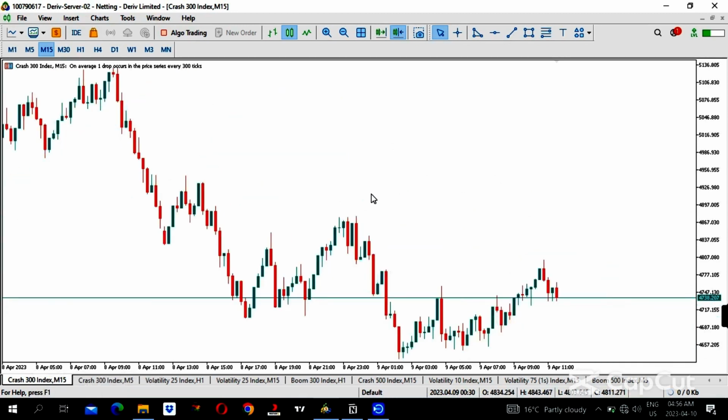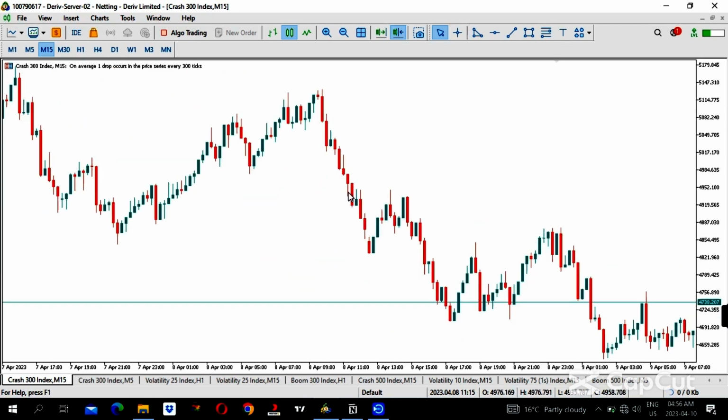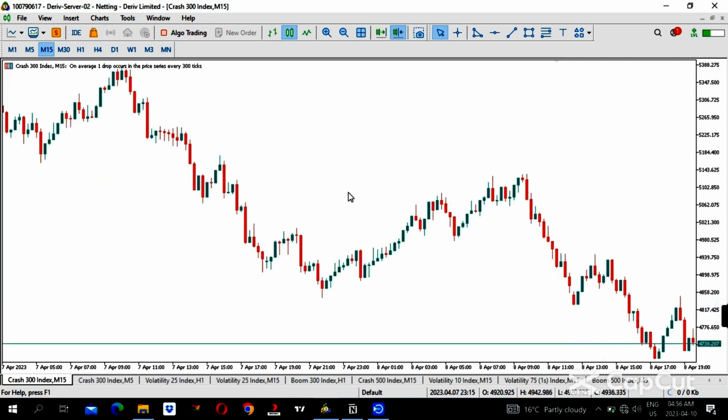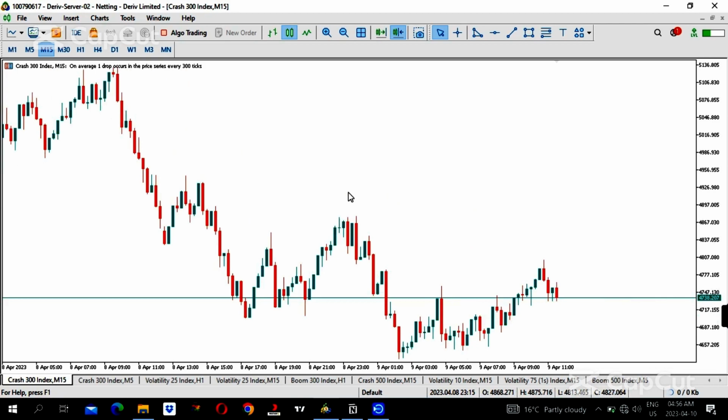But generally, it all depends on your trading style, your character, or your strategy, right? But generally, they all work hand in hand. They are just a confluence to each other, right? But if I were to choose one, I would choose trend lines, right?